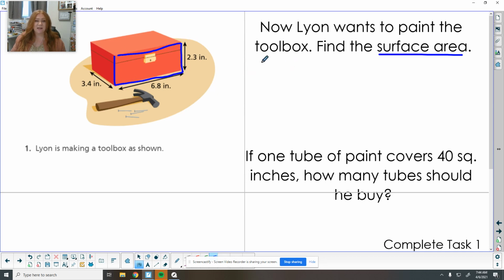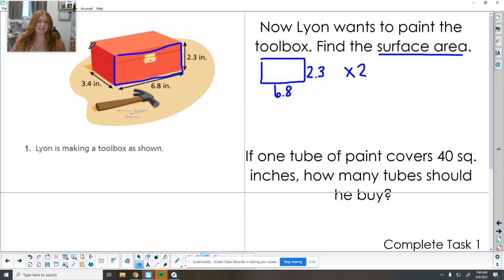This rectangle has dimensions 6.8 and 2.3. We have that front and the back, so we've got two of those. We're going to do length times height, or base times height, and we have two of those.